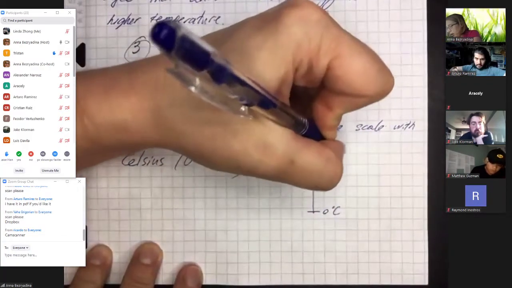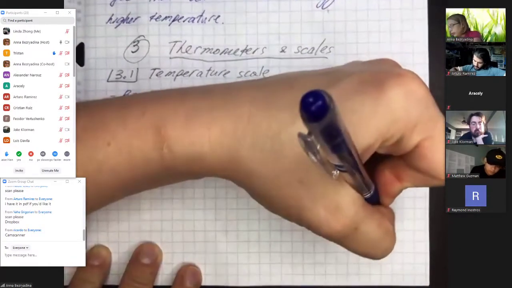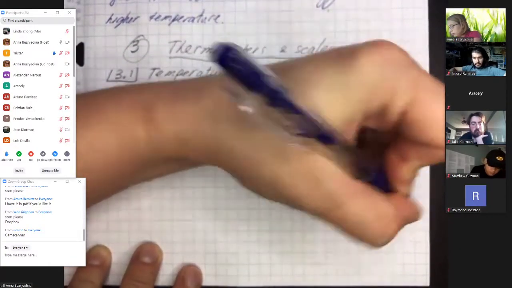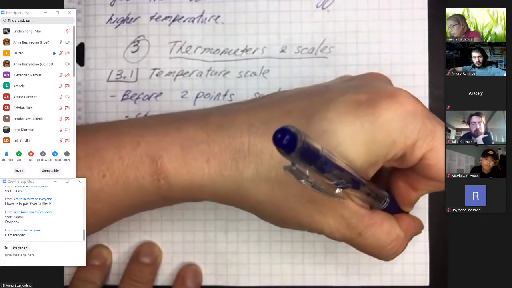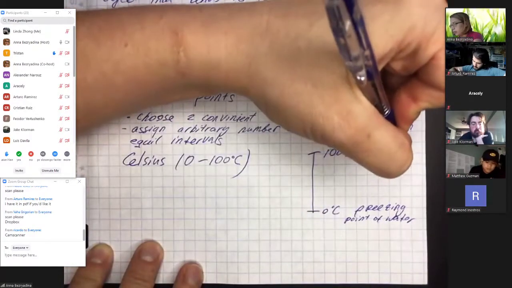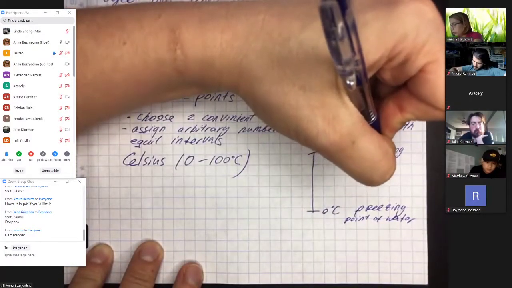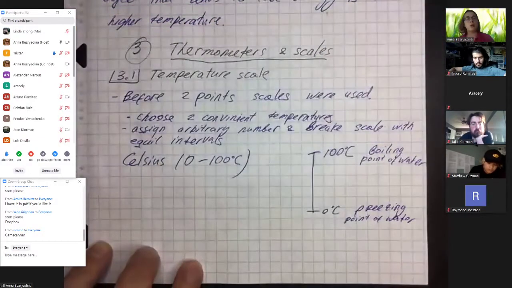Here will be our 100 degrees Celsius. This is the freezing point of water. This will be our boiling point of water.